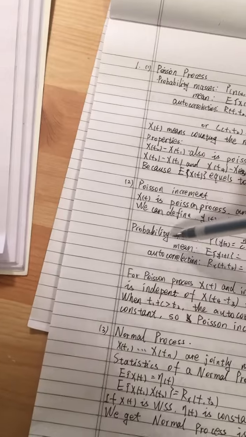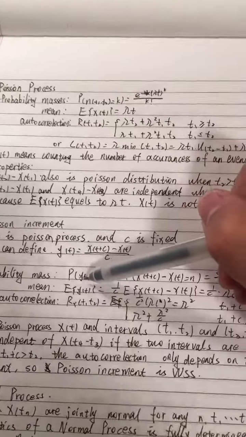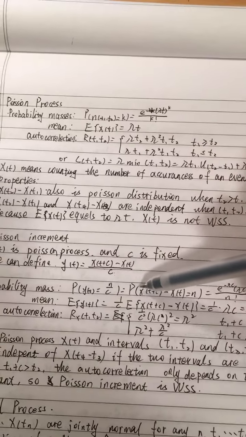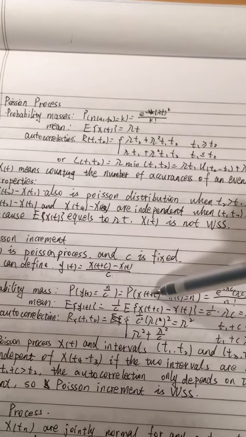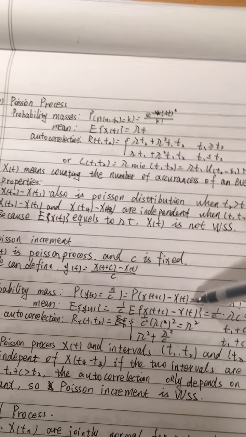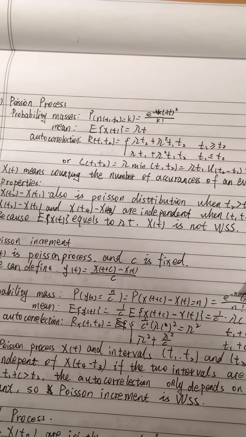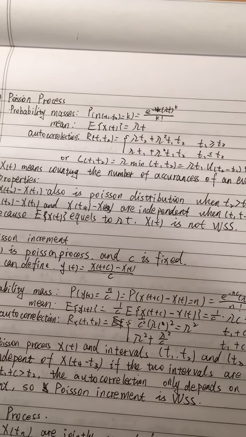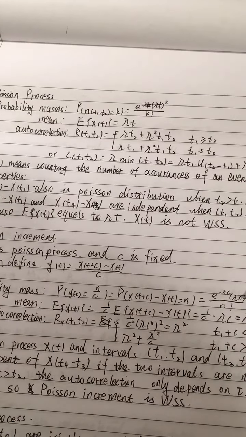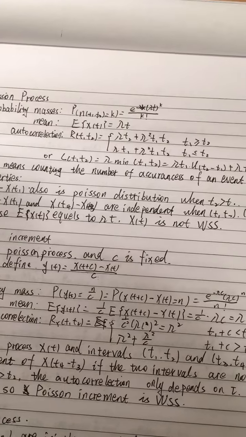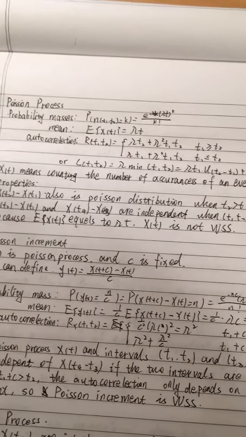So its probability mass is P(X(t) equals n over c) equals P(X(t plus c) minus X(t) equals n) equals e to the power of minus lambda c multiplied by (lambda c) to the power n over n factorial, when n equals 0, 1, 2.